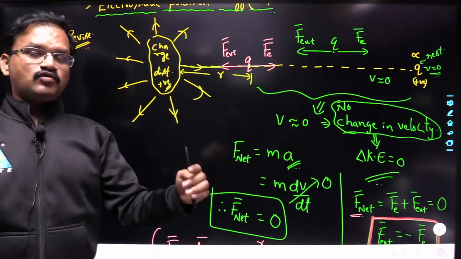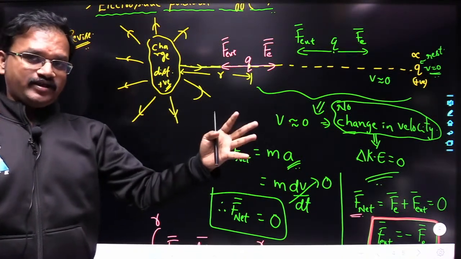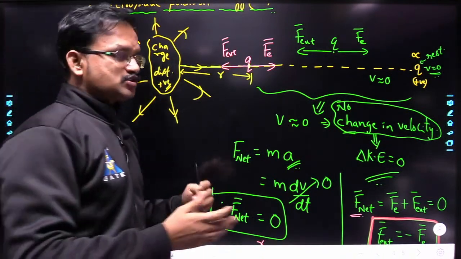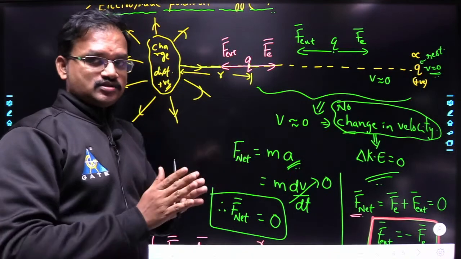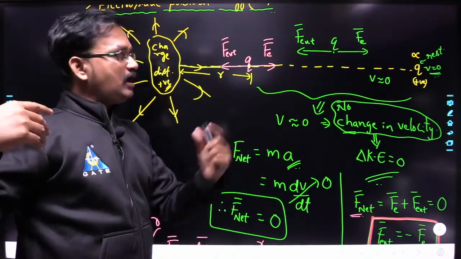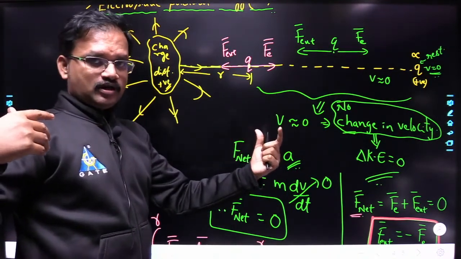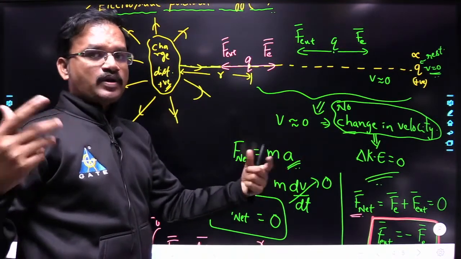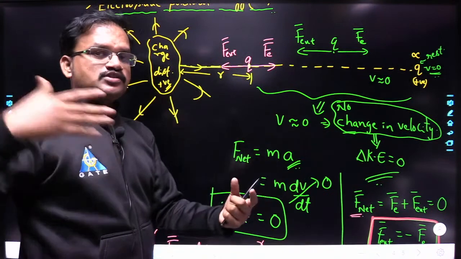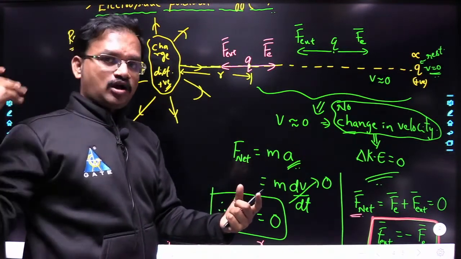So compare that one and this one and you will get clarity. There is the gravitational field and here the electric field. Both are conservative fields, so their properties are going to be the same. That's why I have spent that much time on that analogy.